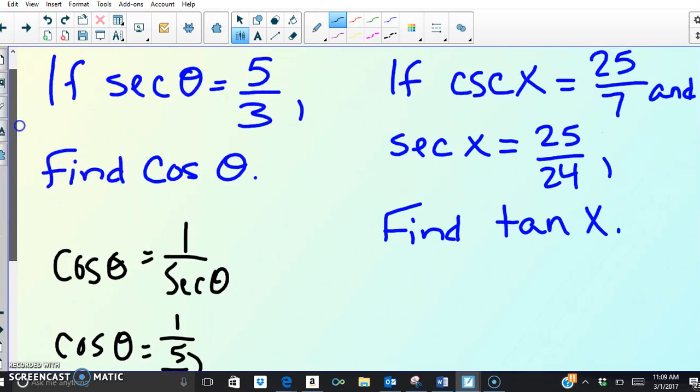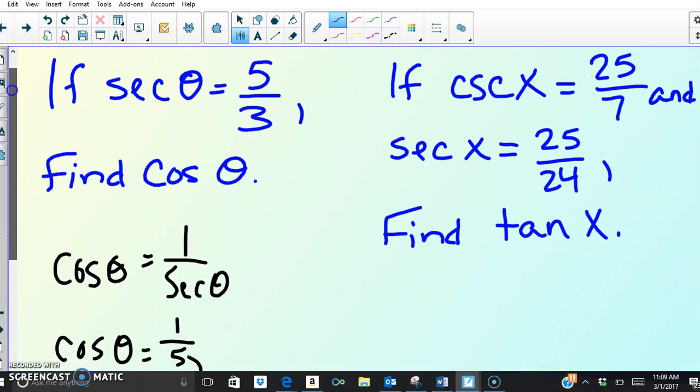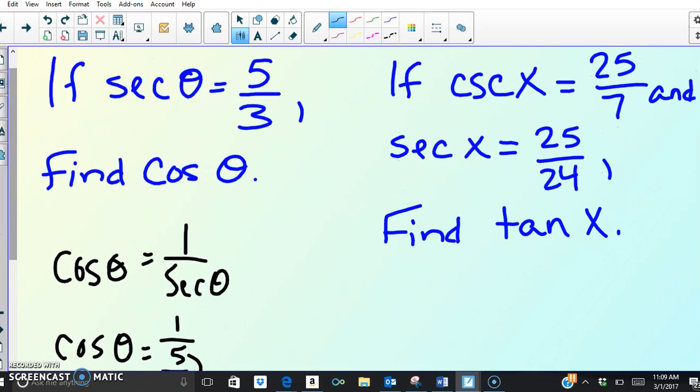All right, this one's just a little bit more difficult, but let's talk about tangent. So first of all, we can always switch cosecant and secant back into sine and cosine. So tangent's going to be in terms of sine and cosine. So let's change cosecant into sine. So sine theta equals 1 over cosecant theta.